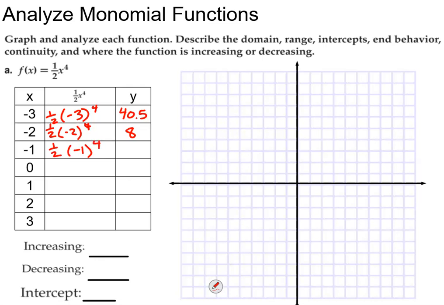Well, -1 to an even power is going to be a +1, and then we're just going to get 0.5. If we plug in 0, we're going to get 0 as well. Plug in 1, and this x to the 4th is just as symmetrical as a parabola would be, and so we're going to be getting those same values that we had up above.